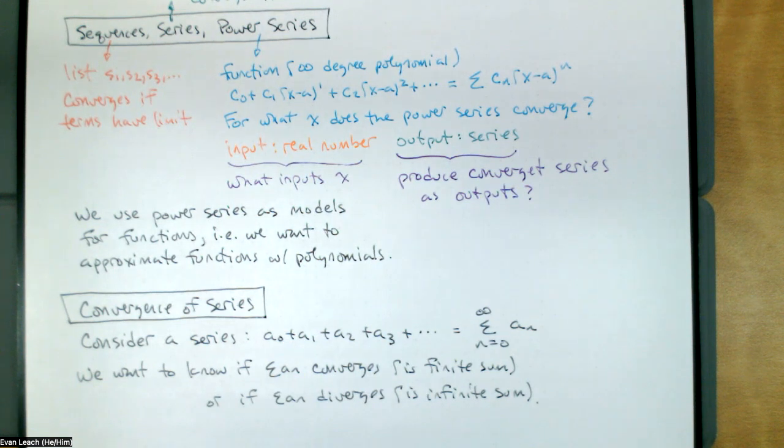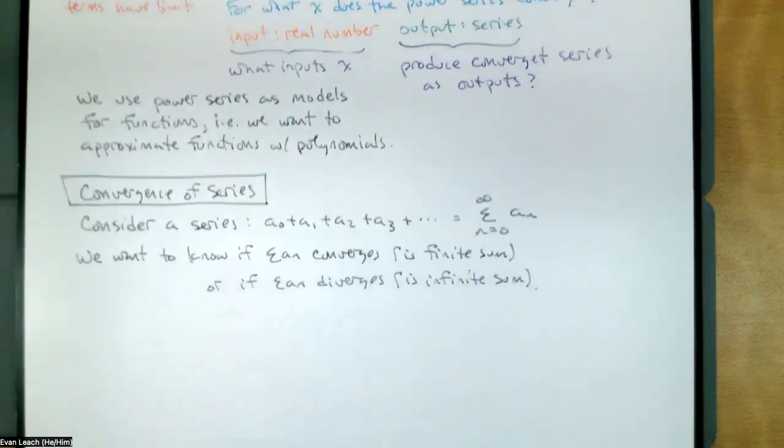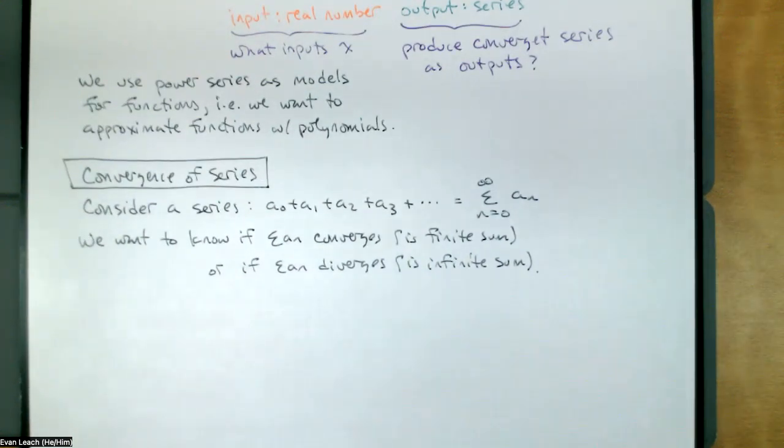That is, we want to know if the sum of all these ANs is finite or if the sum of all these ANs is infinite. So let's talk about our brute force approach.